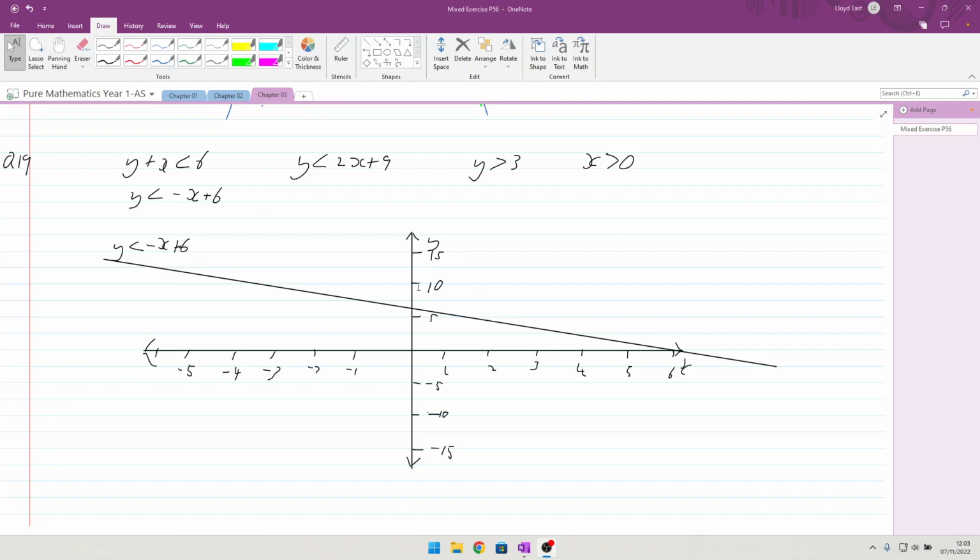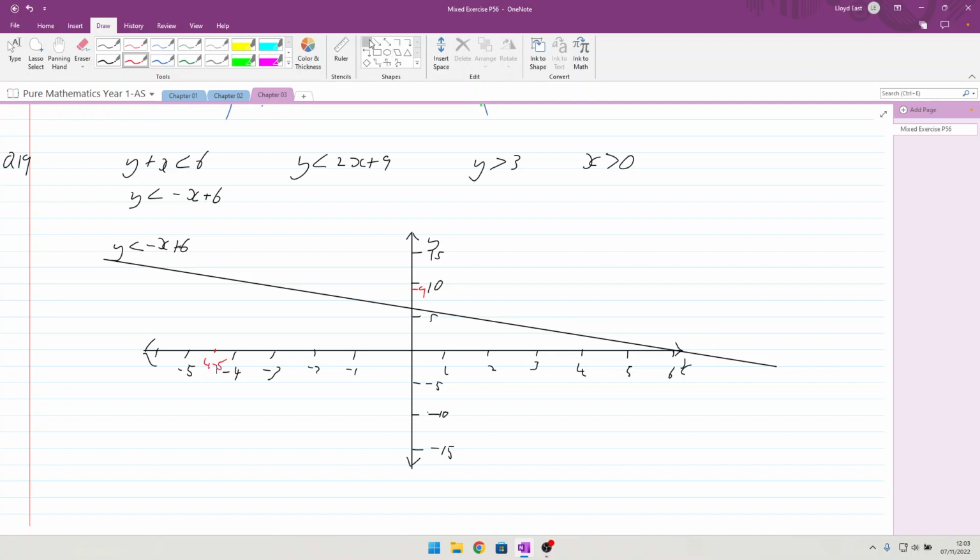Okay, 2x plus 9. So we're up here on the 2. We're up here on the plus 9. Okay. And by the time we have come across 1, so by 4.5, we should climb that. So 4.5 is about here.